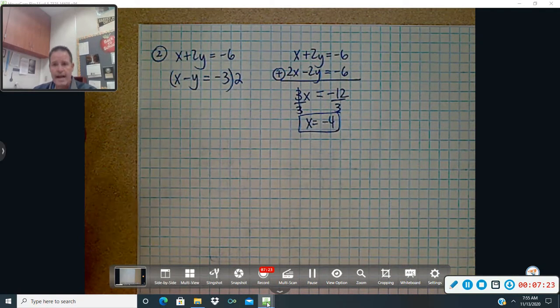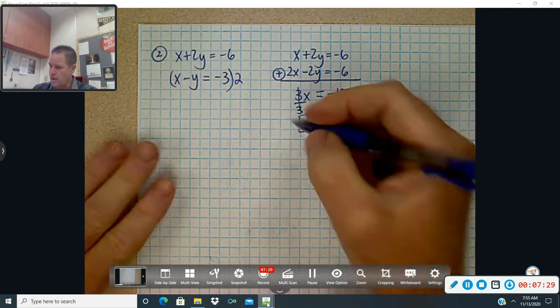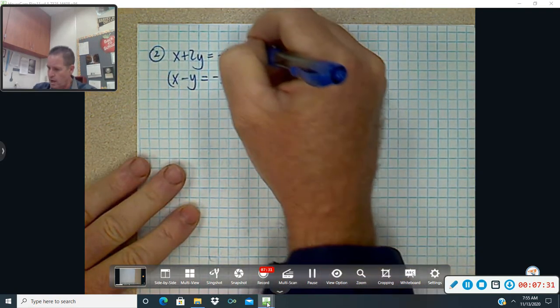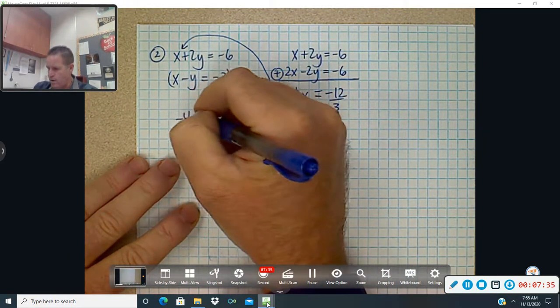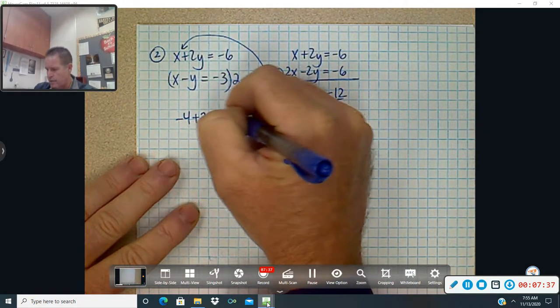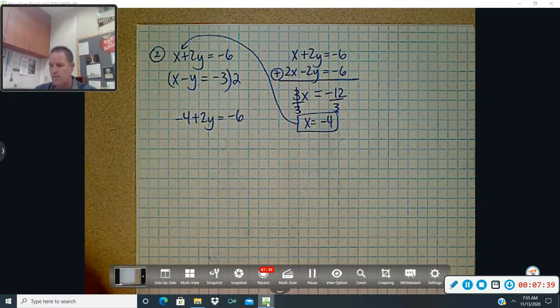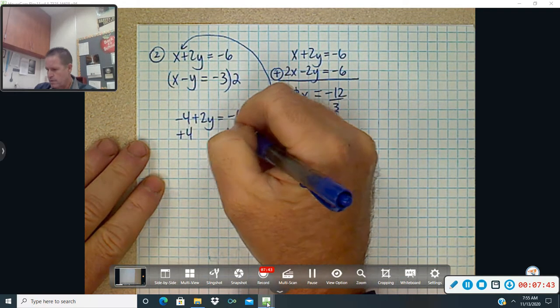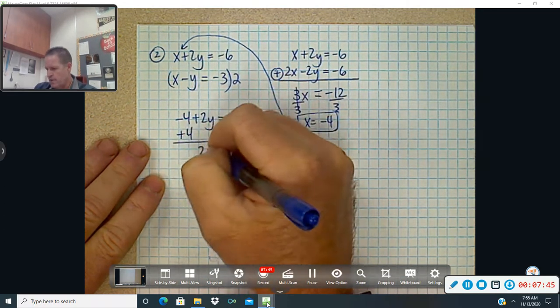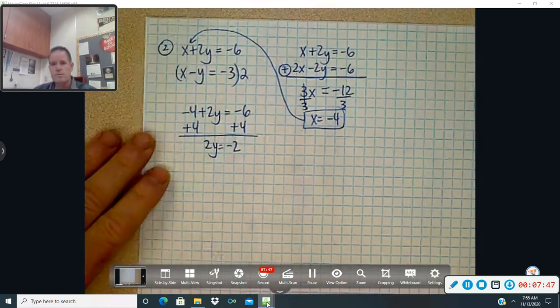Now that I know that x is negative 4, I can plug back into the equation of my choice. All right, so I am going to plug into the top one for x. So it's going to be negative 4 plus 2y equals negative 6. I'm just putting the negative 4 in for x. I'm going to add over the 4. That's going to give me 2y equals negative 2.